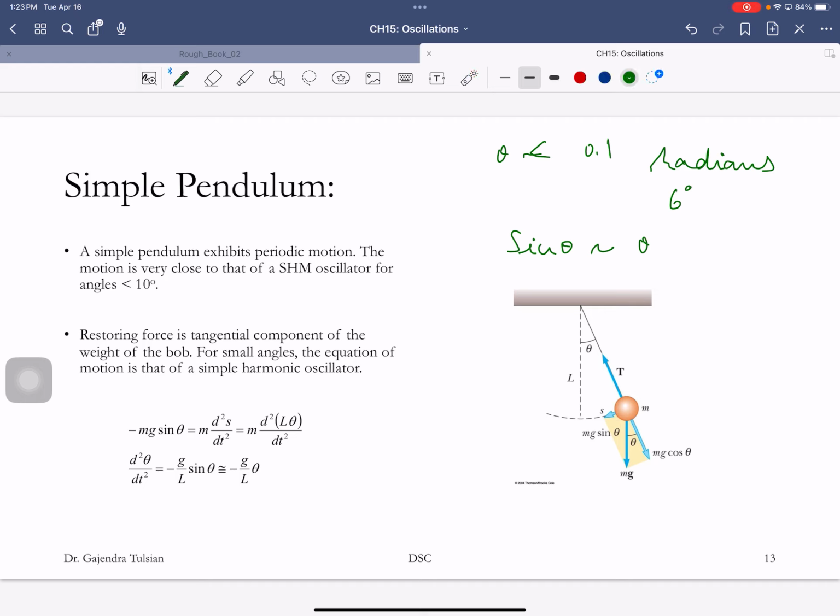So for small angles, you can approximate that as m L d square theta by dt square, since L is constant.